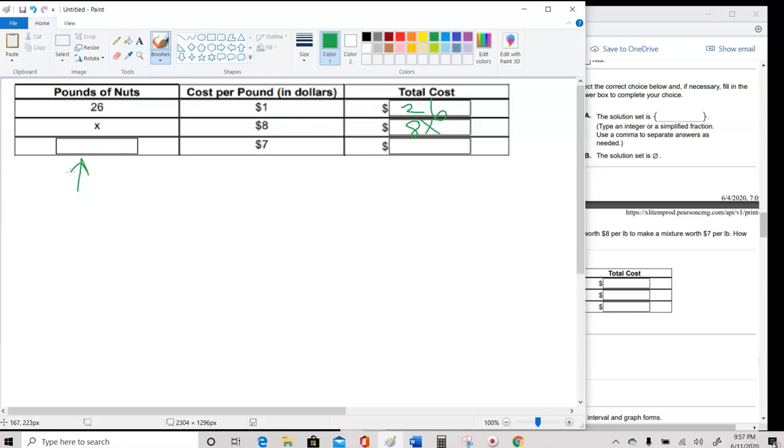So mixing means adding the pounds together. So 26 plus X is the expression 26 plus X. Now this last cell in the third column, you just go straight across and multiply. So that would be 7 times 26 plus X.